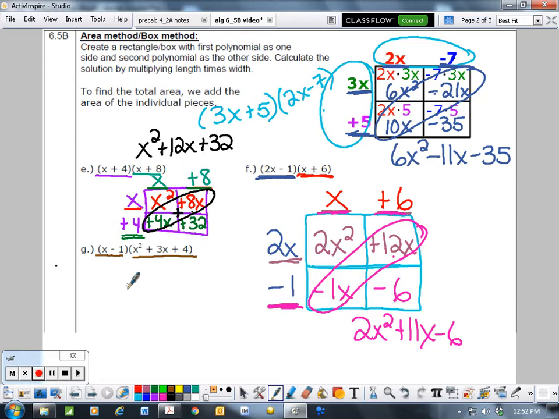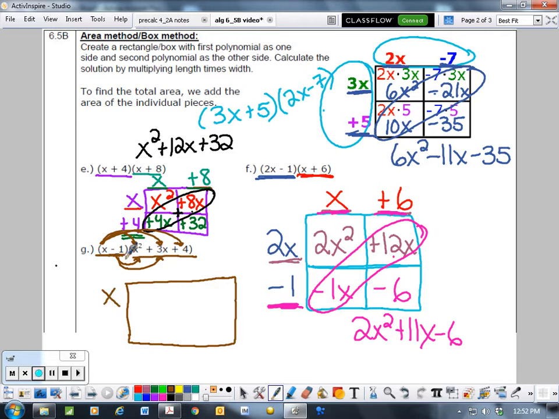And so again, you could use a distribution option, and that's totally okay. FOIL doesn't work if you have a trinomial because the idea of first, outside, inside, and last doesn't work if you don't have the right number of terms. So you could still just distribute. You could do x times this, x times that, and x times that, and then go negative 1 times this, negative 1. I mean, you could still distribute, but the FOIL mnemonic doesn't work anymore.